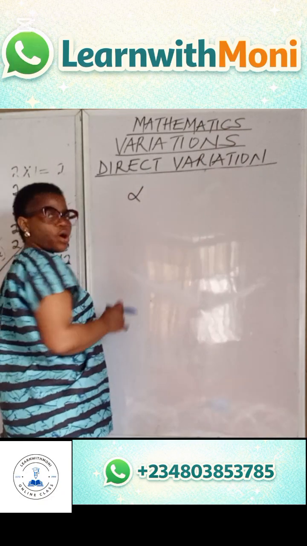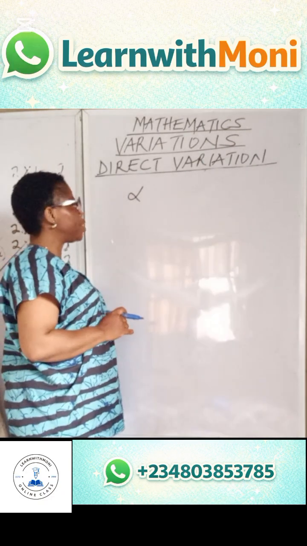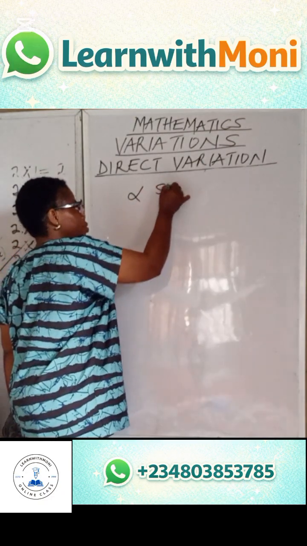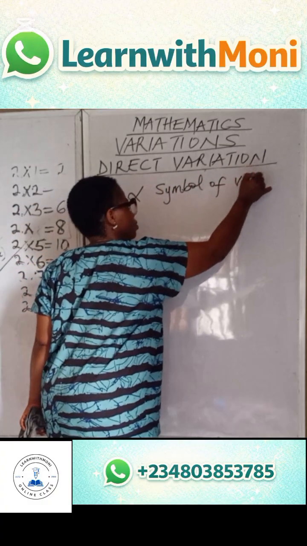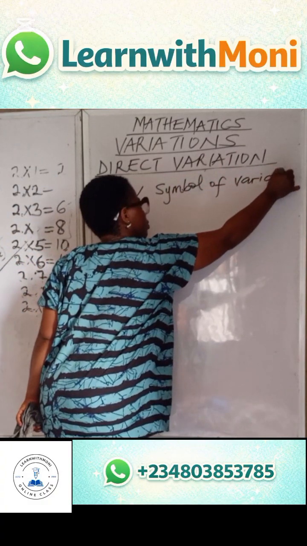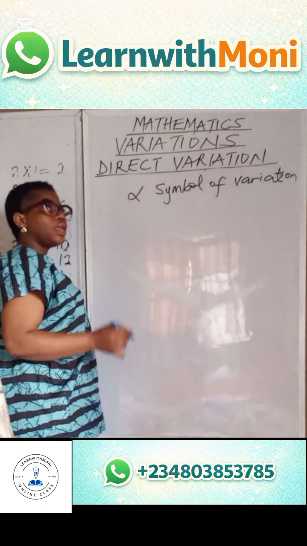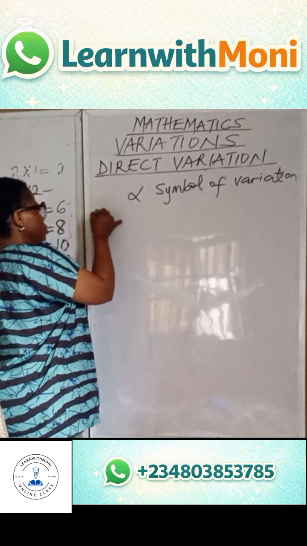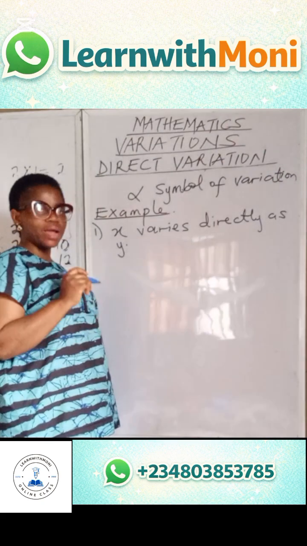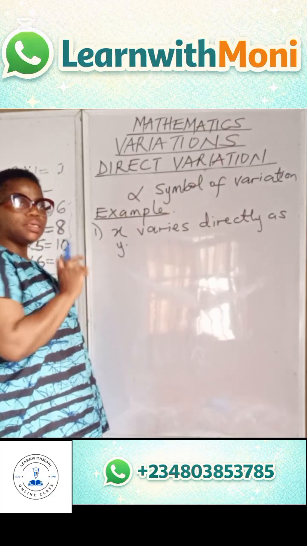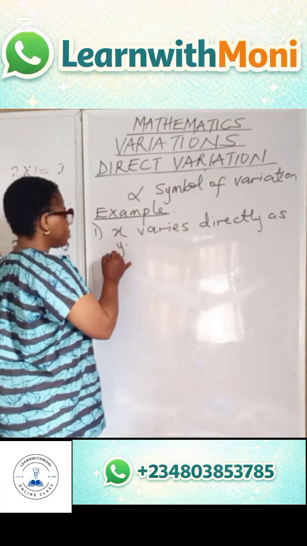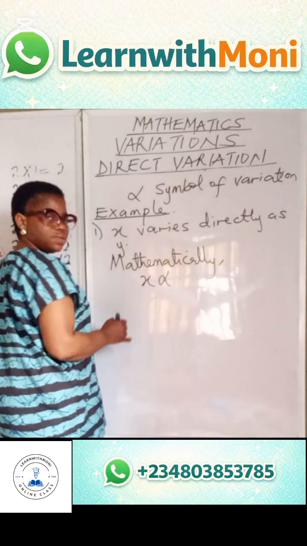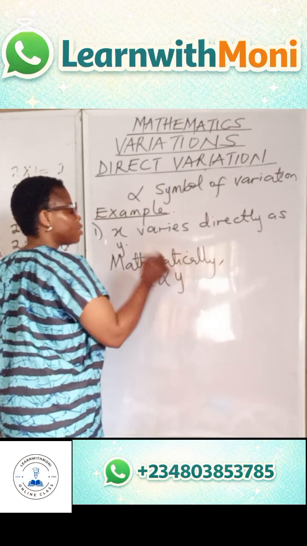This is the symbol of variation. Let us see this example. When we say x varies directly as y, this can be represented mathematically using the variation symbol.